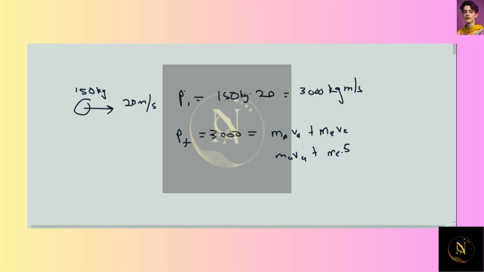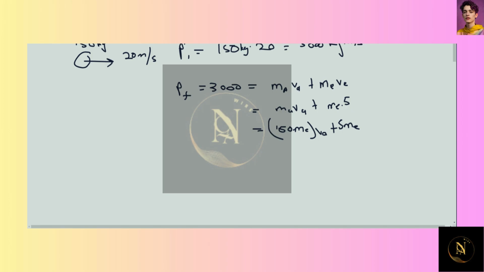The mass of the astronaut and the mass of the equipment are related because the total is 150. So the astronaut's mass is 150 minus the mass of the equipment, times the velocity of the astronaut, plus 5 times the mass of the equipment. This is the equation that should give you 3,000.